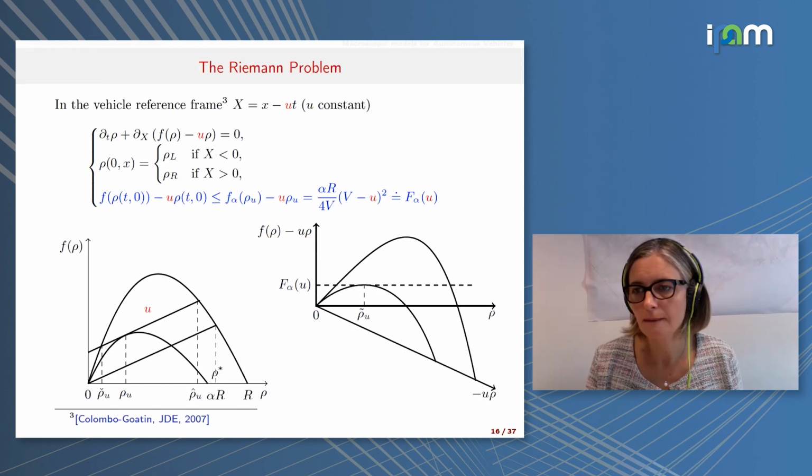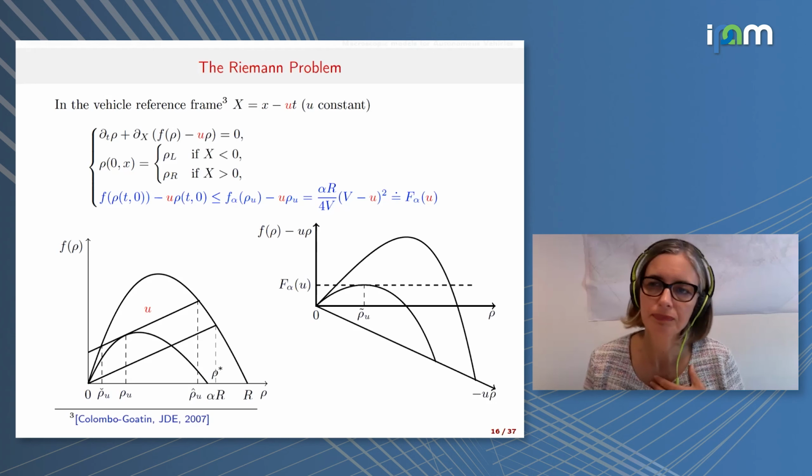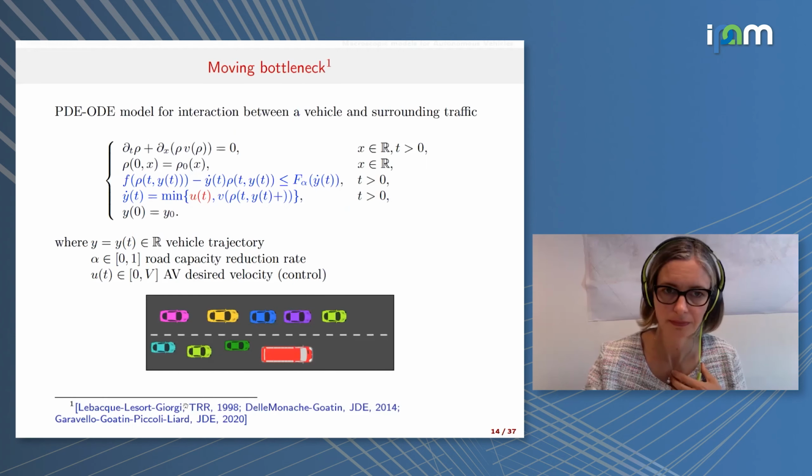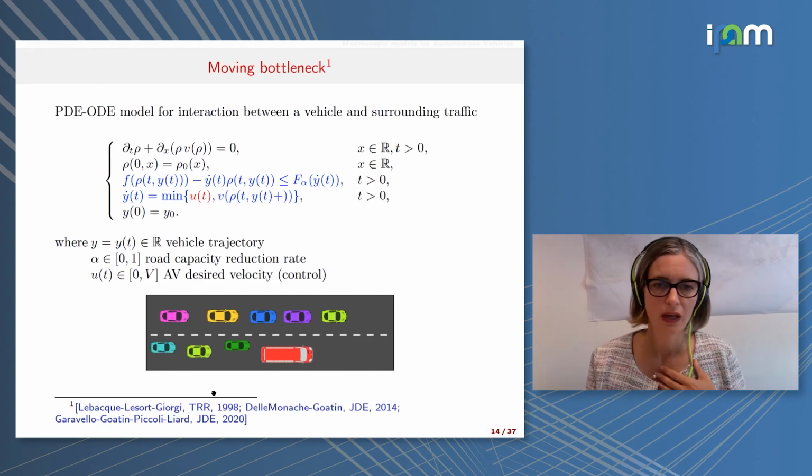Sorry, I have a question. Yeah. In your previous slide, the PDE model you mentioned, is it one PDE for each lane, or is it one PDE? No, we don't look at the lanes, but we take into account that there are different lanes in the alpha. So we allow for overtaking somehow.